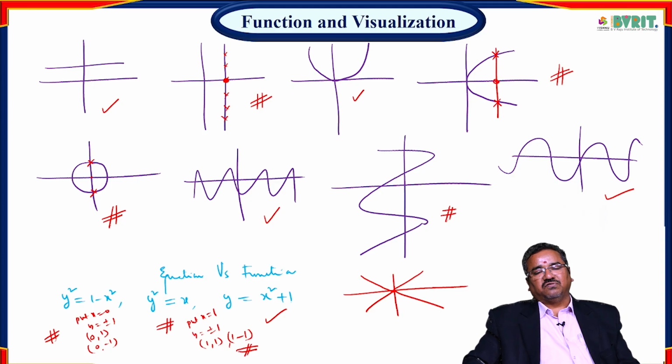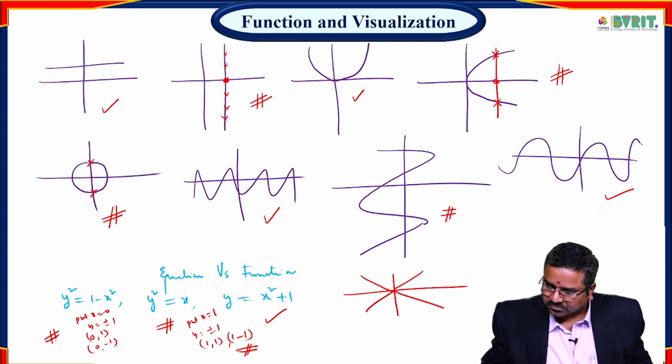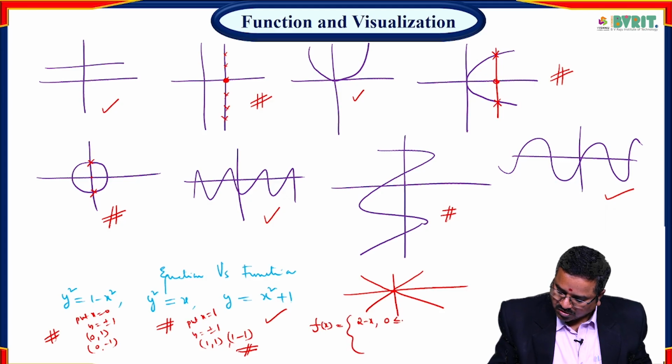Hope it is clear how to tell whether a given equation is a function or not. Let me write one more example. Suppose f of x is equal to 2 minus x for 0 less than or equal to x less than or equal to 1, and 3 for 1 less than or equal to x less than or equal to 4.